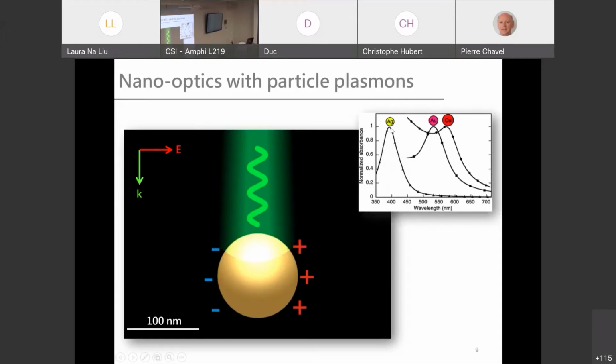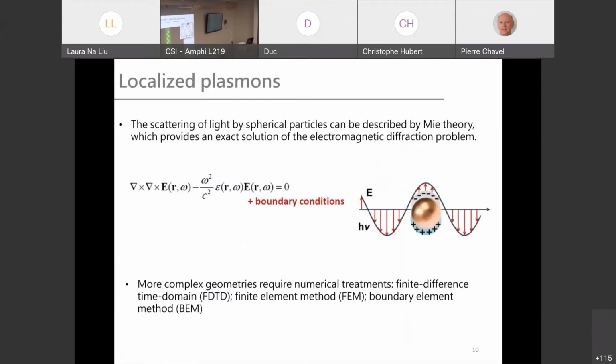The resulting plasmonic resonance is highly dependent on the material of the particle itself, the neighboring environment, and the geometry and shape of the particle. For a spherical nanoparticle, we can have the exact solution of the scattering of light by such a spherical nanoparticle.